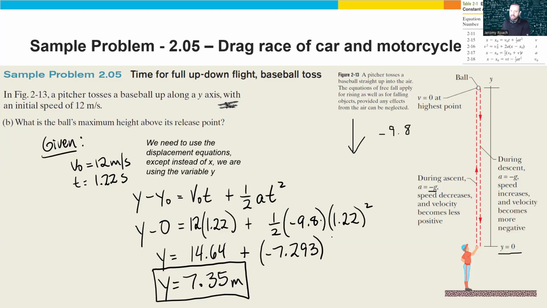You just plug that in the calculator. We should get negative 7.293. Add those together, and we get about 7.35 meters for the total height, or the total displacement from the starting point to its final height.